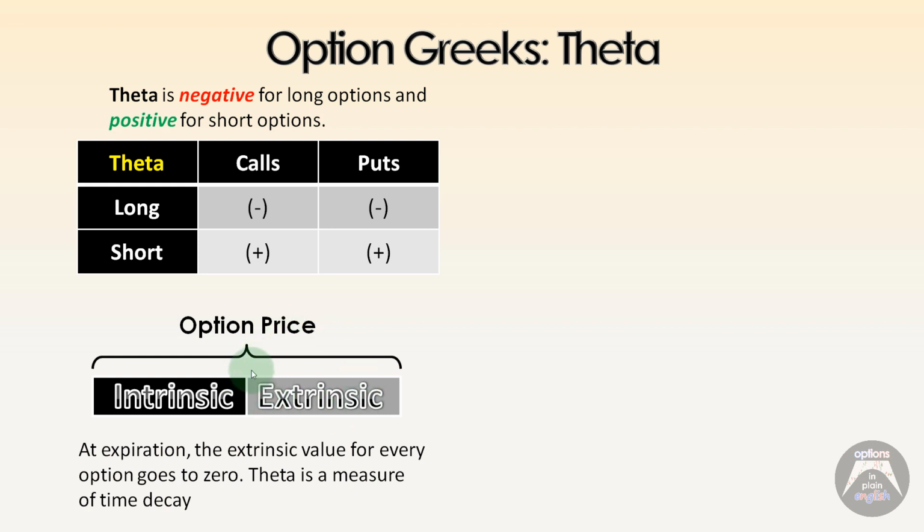If nothing changes, as time passes, this extrinsic value is going to start going away. That is what theta is measuring, if we assume that nothing else is changing, because implied volatility could change as well. But in this case, for this theoretical experiment, we're thinking about maintaining every other condition the same.